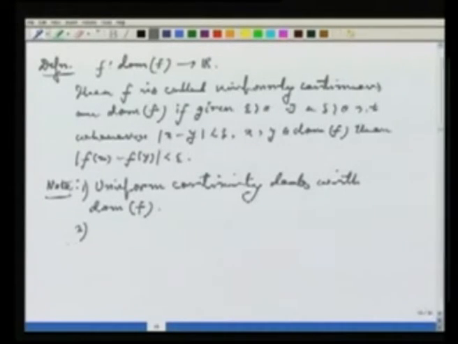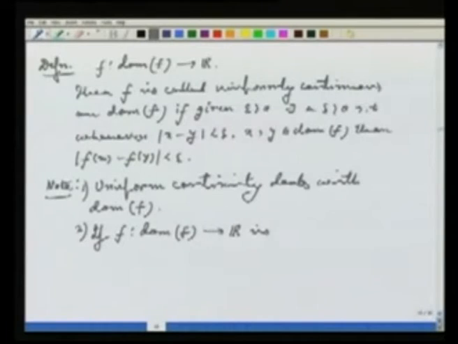Number two is an easy exercise which you can easily check, that if f from domain of f to R is uniformly continuous, then f is continuous on domain of f.